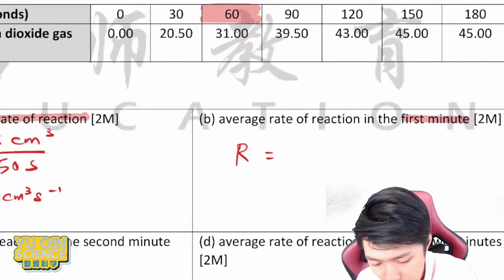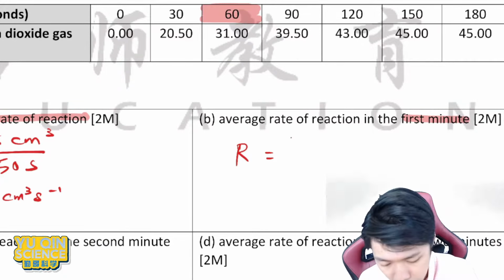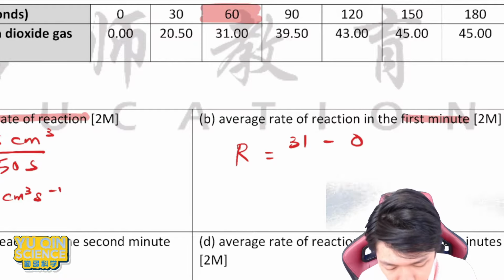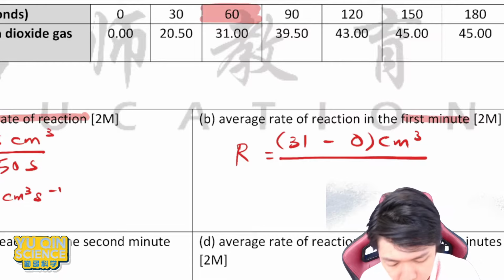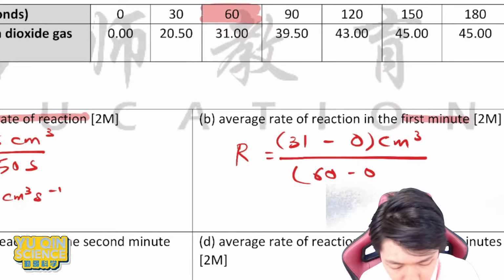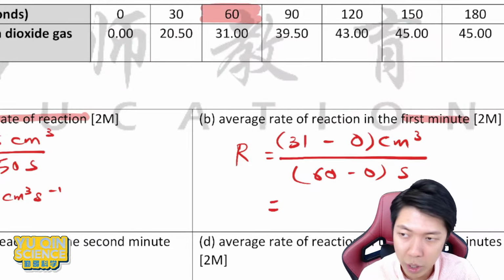Okay, and then 31 minus 0 also. So on top is the change of quantity. So 31 minus 0 cm cube over 60 minus 0 seconds. Okay, we show the working a bit.